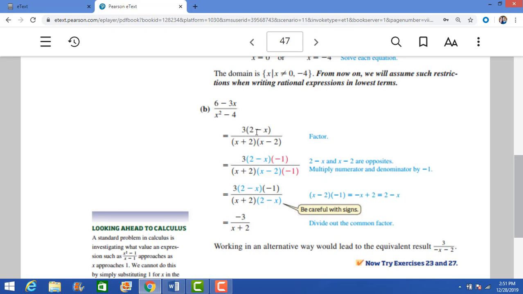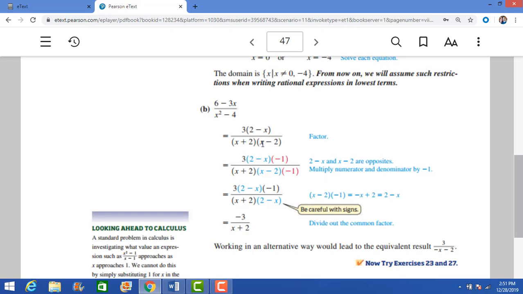So we look at the top here, we factor the bottom. Now notice that this is 2 minus x, but we've got x minus 2 down here. If we pull out a -1, pull out a negative sign, this will switch the 2. It'll become x minus 2. So we can then pull out the -1, okay?